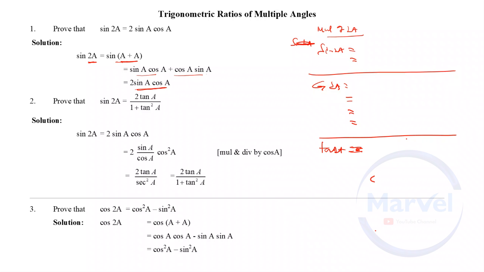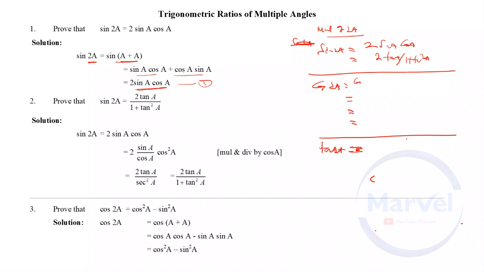Sin of A plus A equals different function, same sign: sin A cos A plus cos A sin A, twice sin A cos A. This is 1. So 2 sin A cos A, and 2 tan A by 1 plus tan²A.